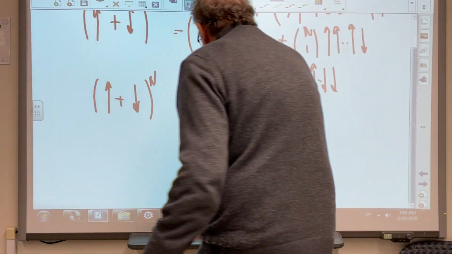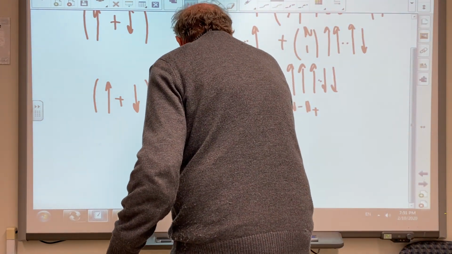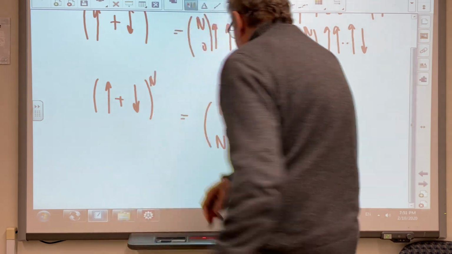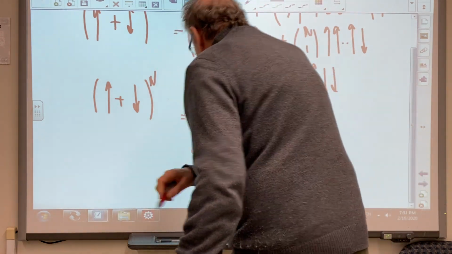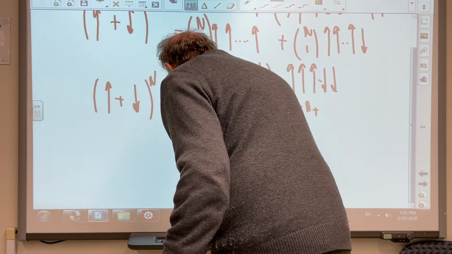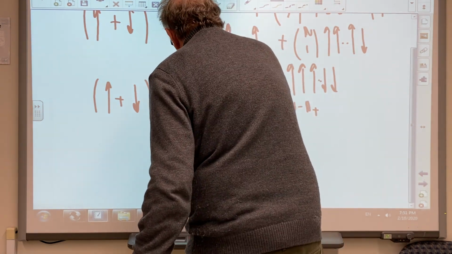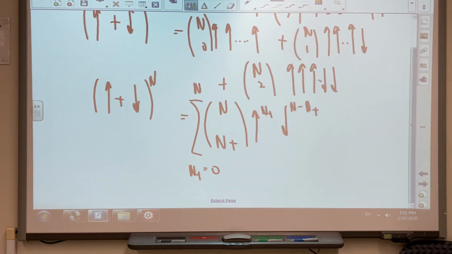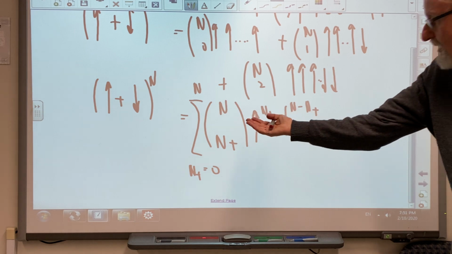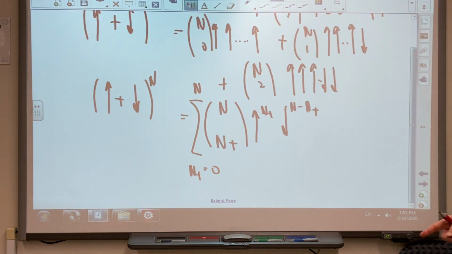And here I will have the combinatorial n plus, and I sum over all values of n plus, going from 0 to n, or from n to 0. Here I'm counting all the terms. This is the binomial.